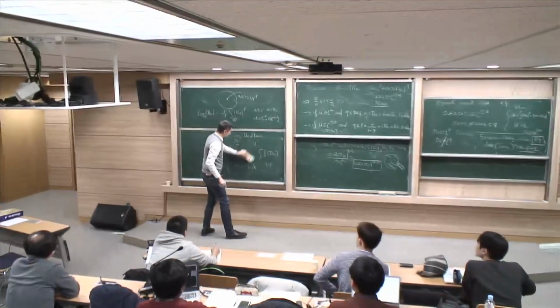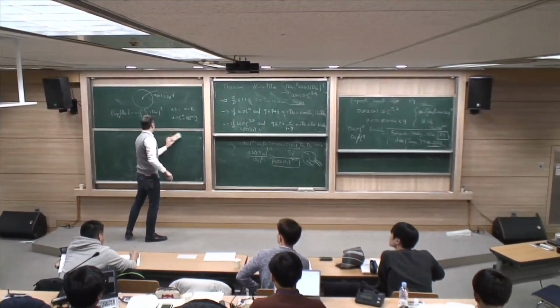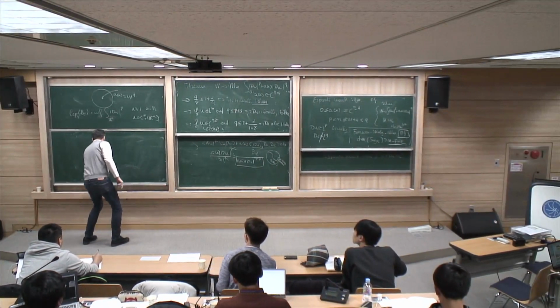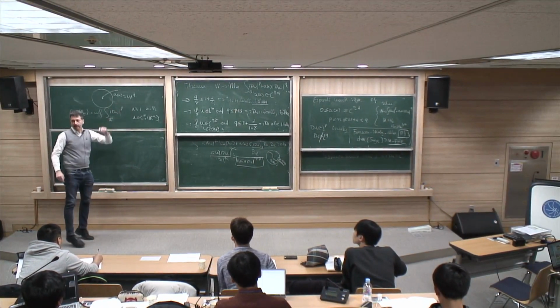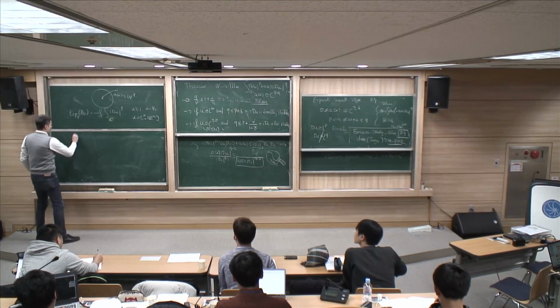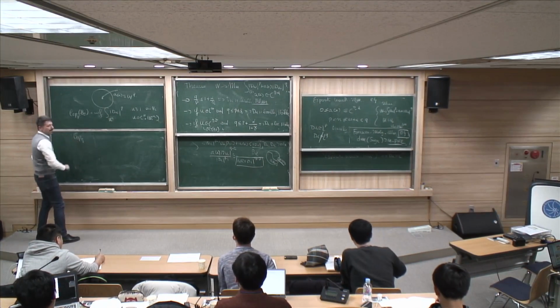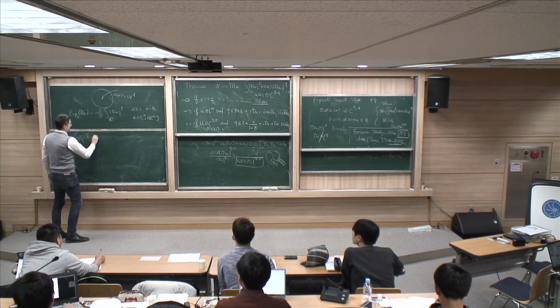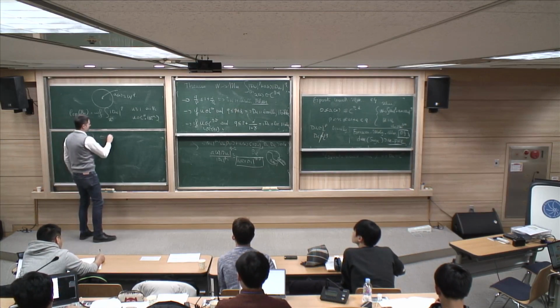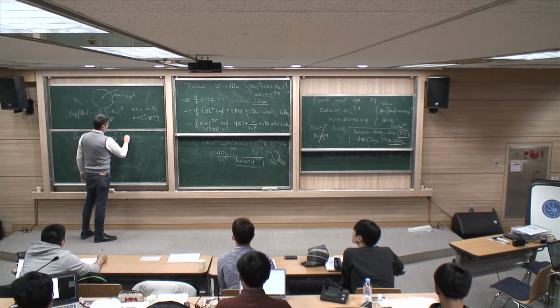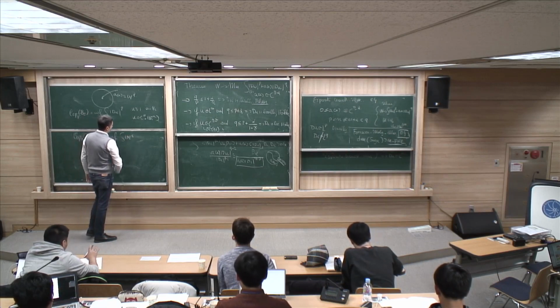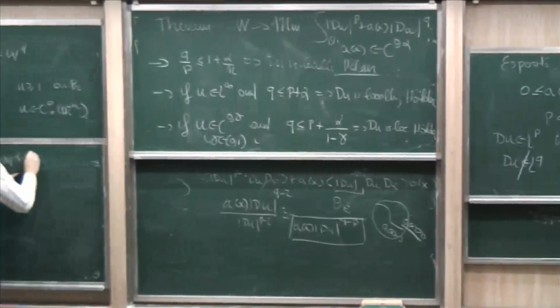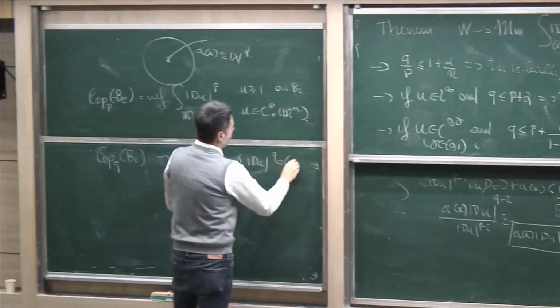So the other capacity is the q capacity weighted with something that is decreasing as x to the alpha. So this is the typical capacity studied in Maz'ya's papers and books. So that's B_r, and that's applied by the inf. It's the inf of x to the alpha Du to the q under the same conditions.